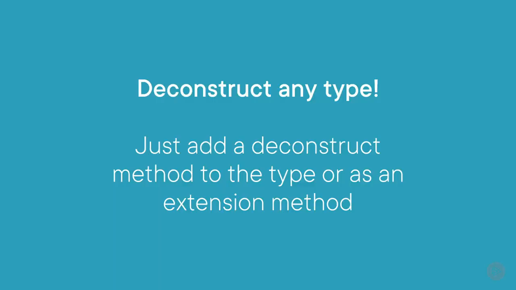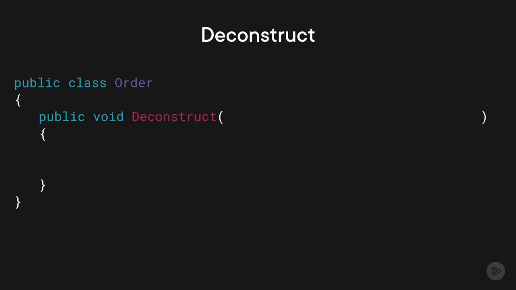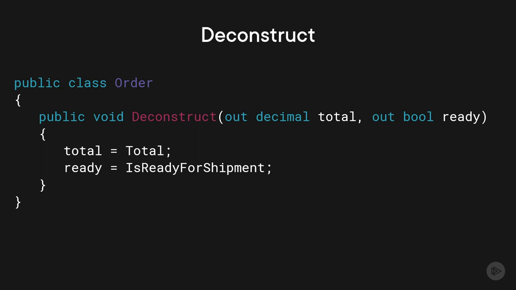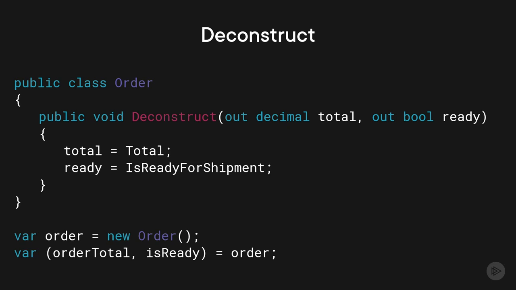After learning about deconstructing a tuple into multiple local variables, we discussed that it would be beneficial to be able to do this for other types as well. If you create a void method on your class, interface, or struct that is called Deconstruct with a number of out parameters, this will make it possible for an instance to be deconstructed into multiple different variables, according to the out parameters.